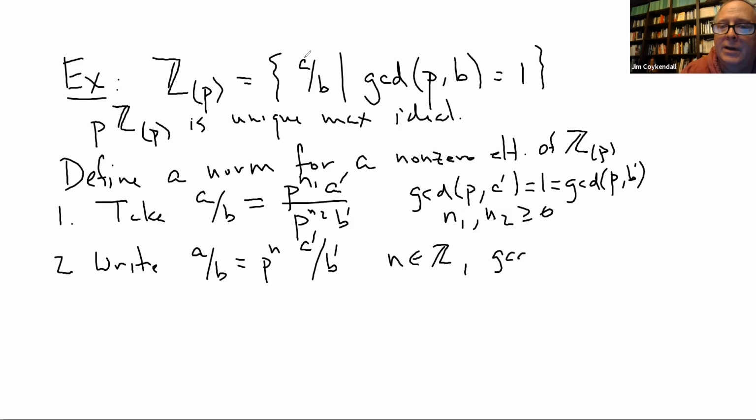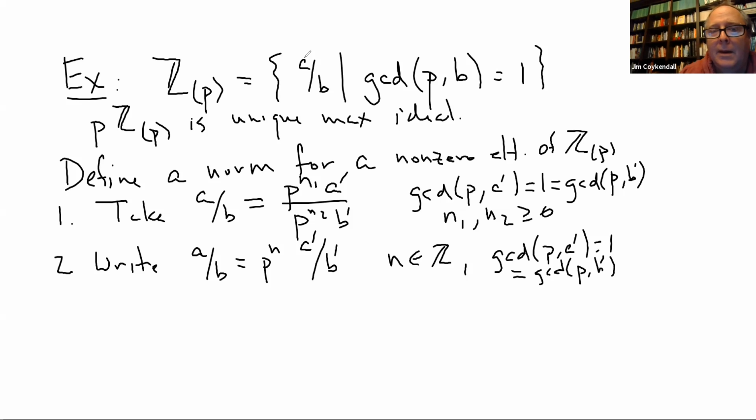And gcd(p, a') = 1 = gcd(p, b'). Everybody okay so far? And perhaps you see why I threw 0 out of this consideration, because 0 has infinitely many factors of p in it, right? And we'll deal with 0 later.